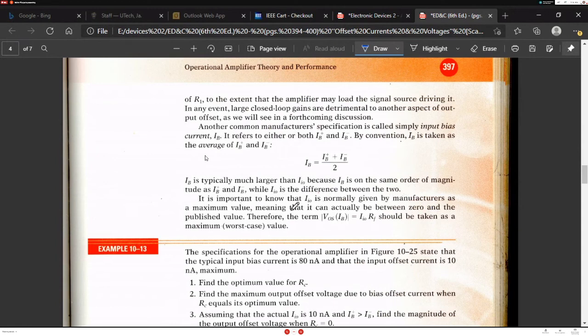It is important to know that IIO is normally given by the manufacturer as a maximum value, meaning that it can actually be between 0 and the published value. Therefore, the term VOS, IB equals IIO RF, should be taken as a maximum or the worst case value.